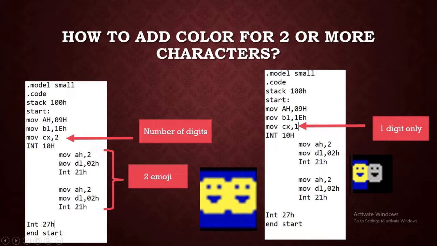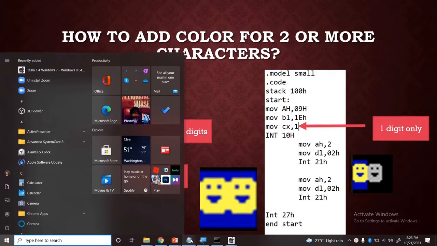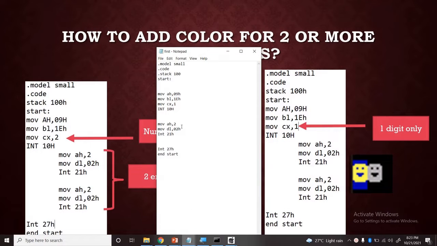What if you would like to add color to the 2 available characters? So for example, we copy paste the emoji, the shaded smiley here. You just have to copy paste the code, and then change the mov cx, 1 into 2 so that it will cover the two emojis. So let us just try in order for us to understand more.